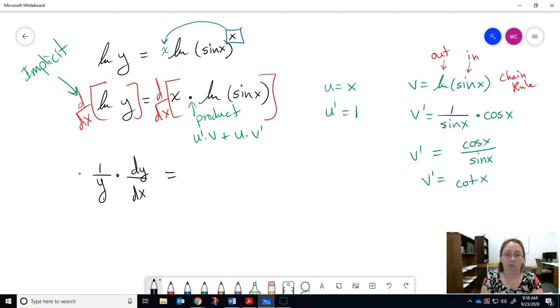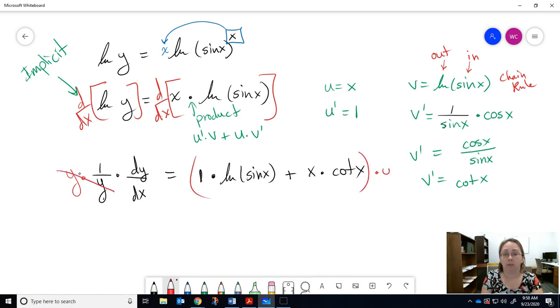All right, let's do our product rule then. So u prime times our v plus u times our v prime. We're almost done. We need to find dy dx, so we have to get rid of 1 over y. We multiply both sides by y to get rid of it on the left.